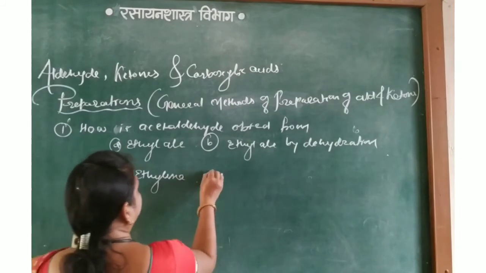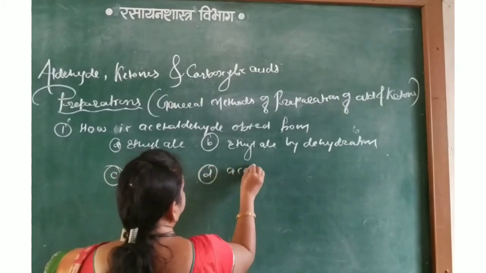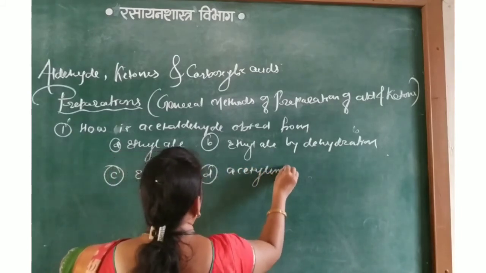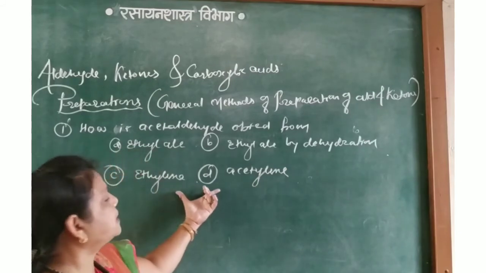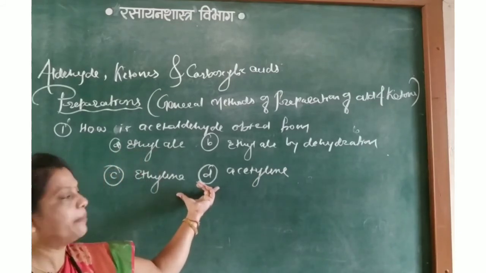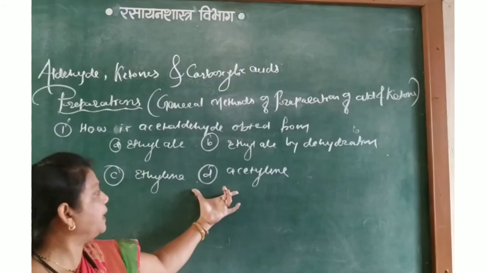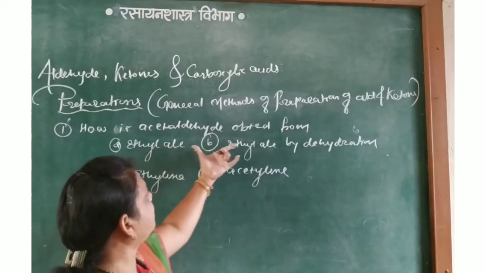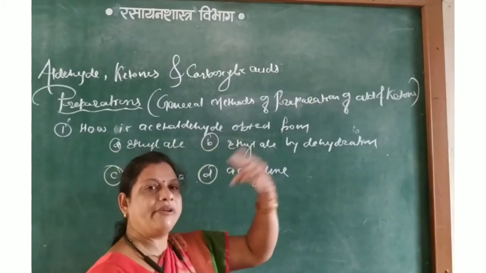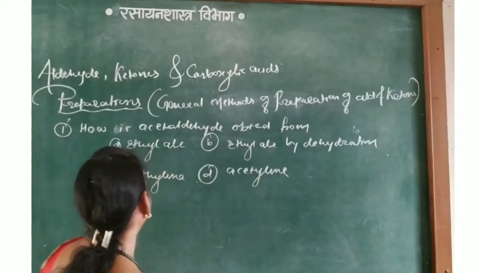Okay, and D, from acetylene. For C and D, see the 11th chemistry book, chapter number 15. And for A and B, see the previous chapter, that is alcohol, phenol and ether.